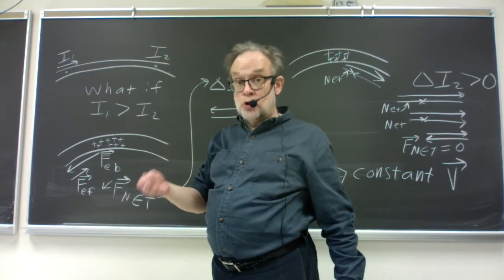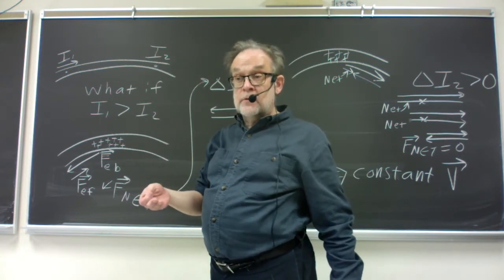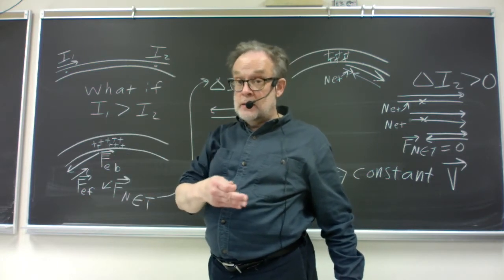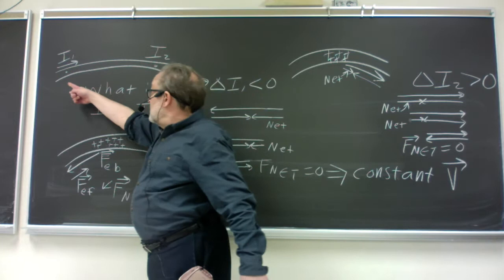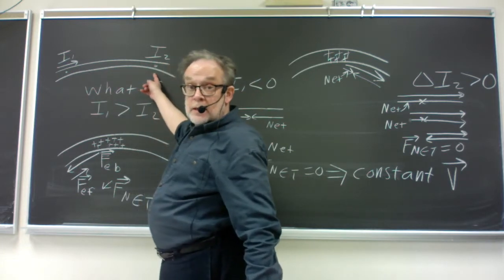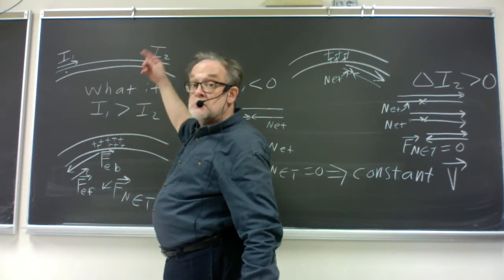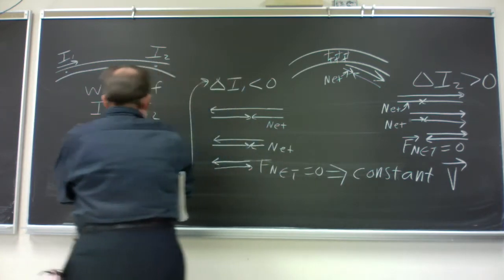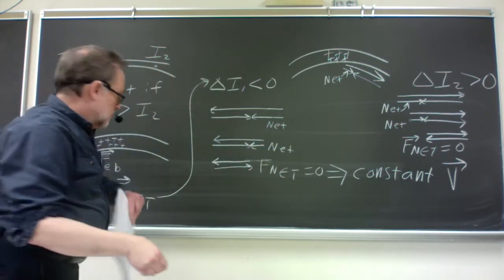The same current at every point, right? The same number of coulombs per second passing by this point as you have passing by this point. Same amount. And that's called conservation of current.